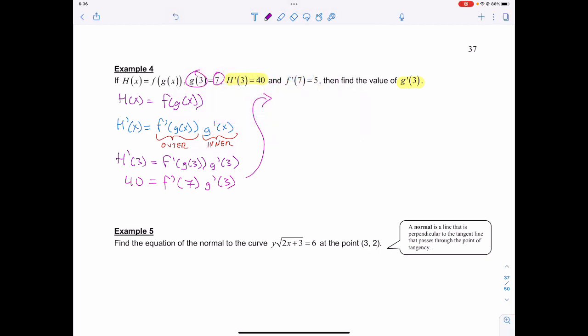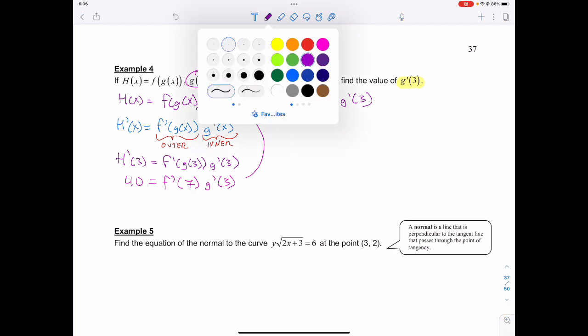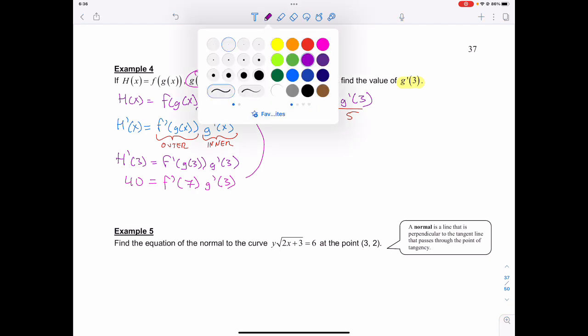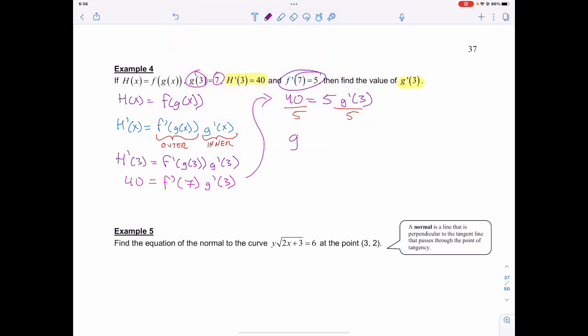We also know that f prime of 7 is equal to 5. And now we can literally just divide both sides by 5. And we can tell that g prime of 3 is equal to 8.